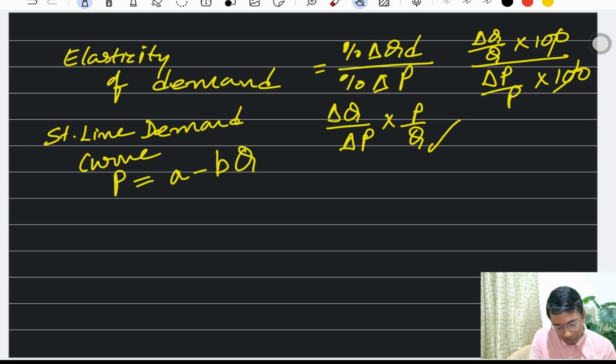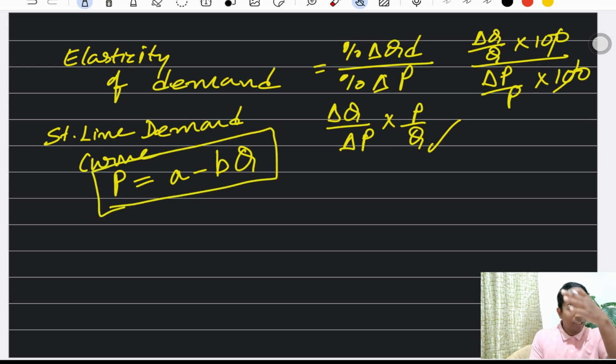This kind of formula is applied if you want to give the equation of a straight line demand curve. Now if you apply it, what we understand is that on a straight line demand curve, what is constant is the slope, and that slope happens to be minus B. You can see here, this minus B.